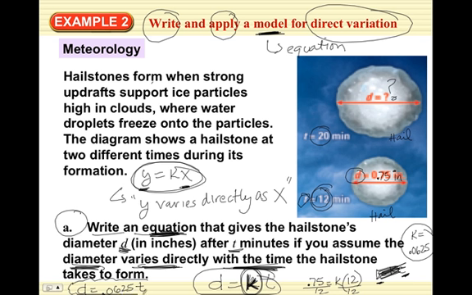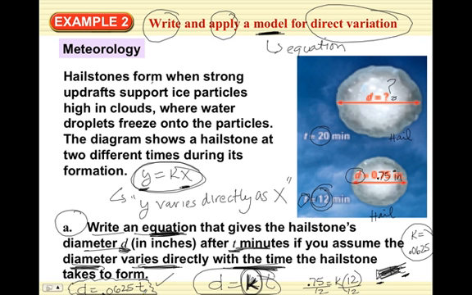This is your answer for part A. Circle that, box it, whatever you want to do. Write an equation that gives hailstone's diameter as a function of time. So after t minutes, diameter varies directly as time. Check. That's how you take a word problem and make it into a direct variation equation.